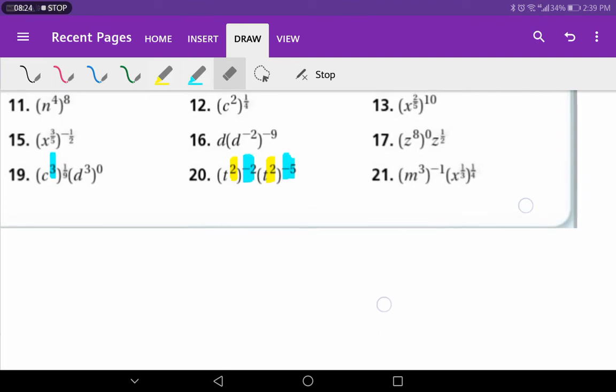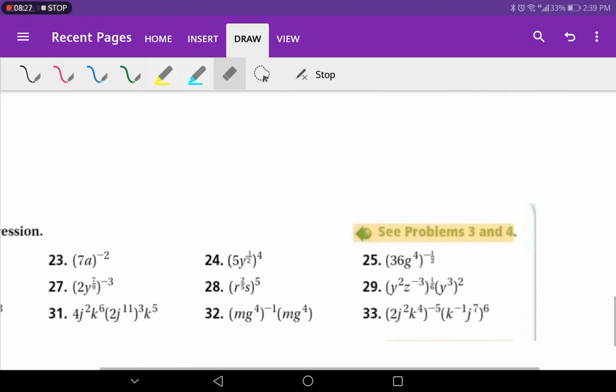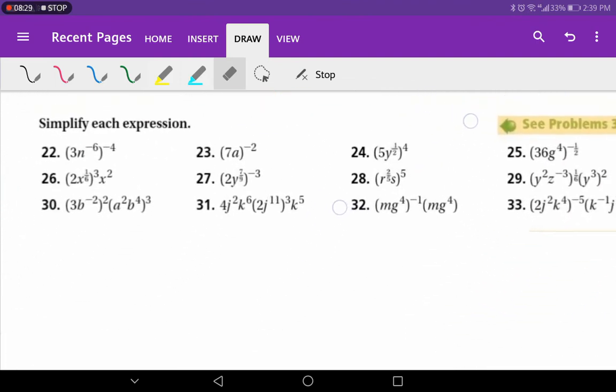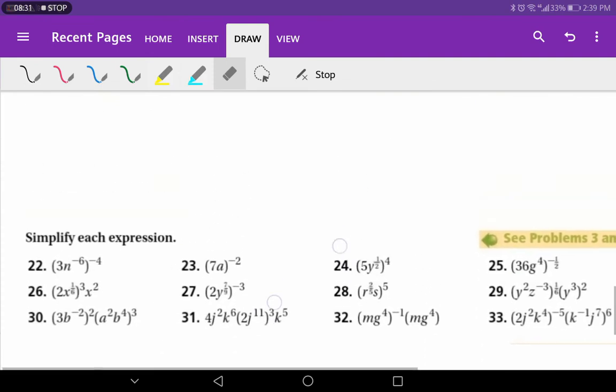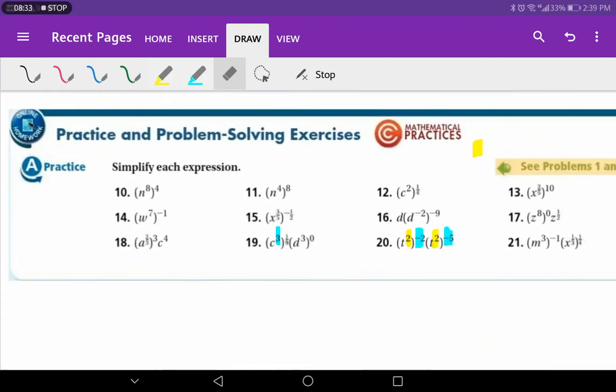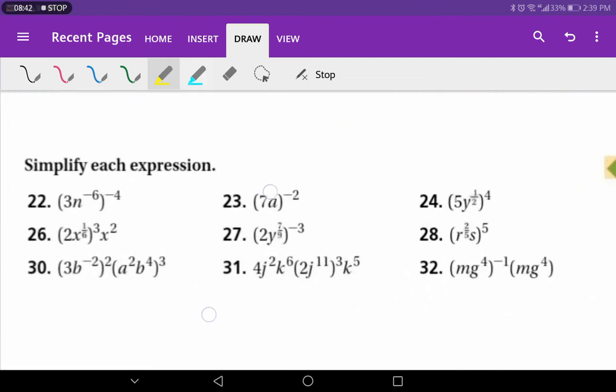Okay. Now let us move to the second part here. Now, if you see here, the number here, or the letter here, or the base here has no coefficient. But here it has a coefficient.